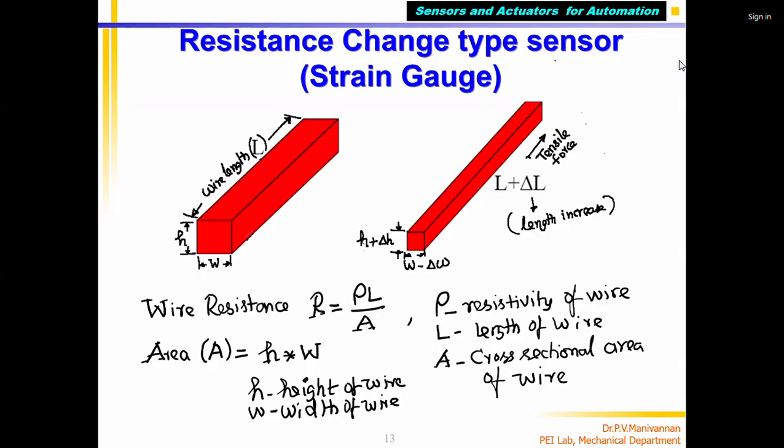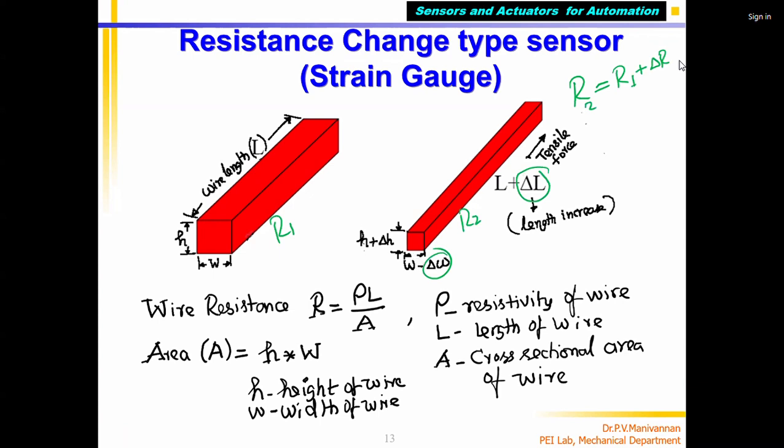So my new R, I say R2. This one I call R1. This I call R2 of the new elongated wire. R2 equals R1 plus delta R.